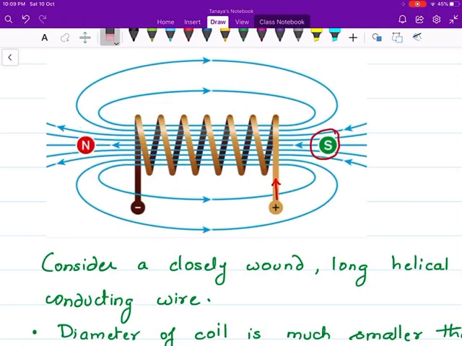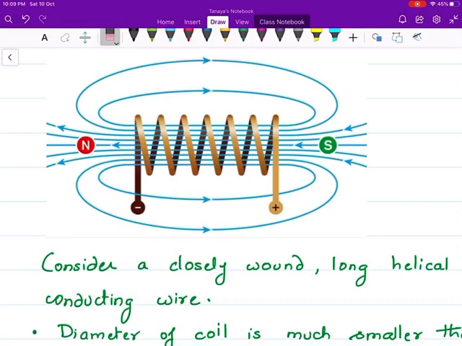Now we are going to find the magnetic field in the center of this solenoid, or inside this solenoid, by using Ampere's circuital law. Now in this diagram what is shown is a real solenoid. It is not an ideal solenoid.